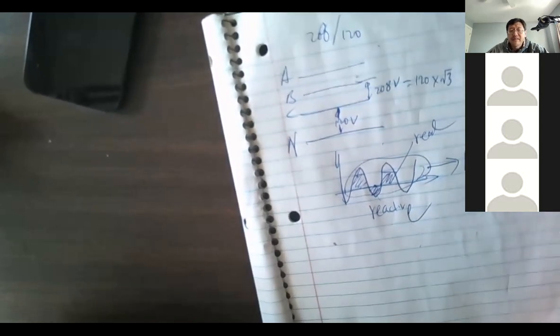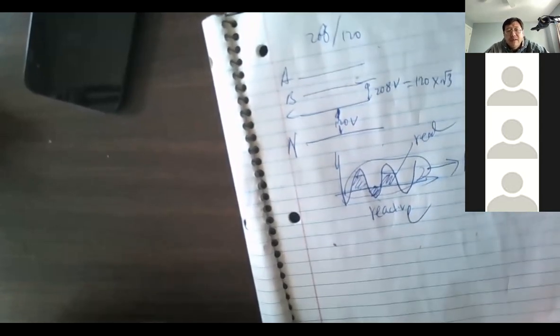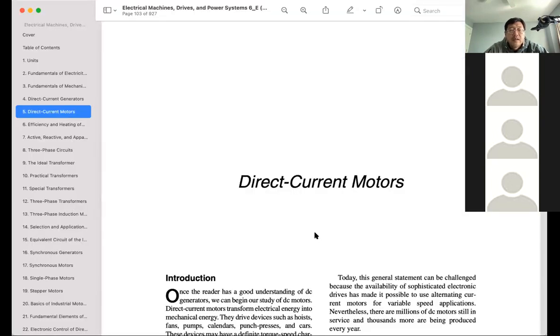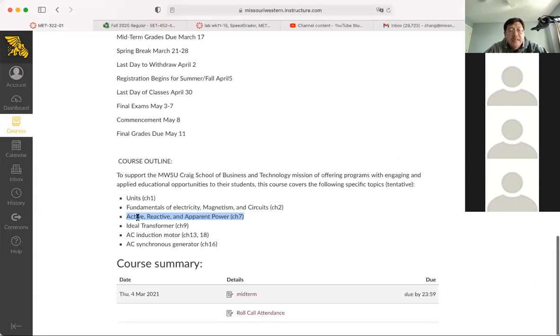So now all of a sudden, instead of one power, we have 3 powers. So that's active power, reactive power, and apparent power.